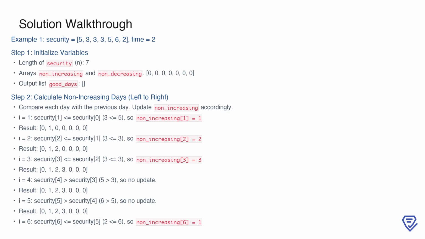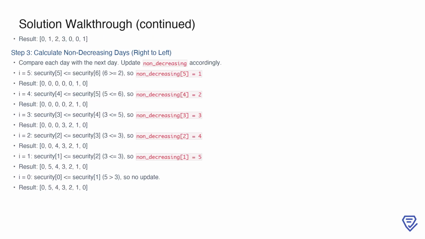The process continues, and we only update the array when the condition holds. By the end of this step, the non-increasing array is partially updated, showing the number of consecutive non-increasing days up to each index. After finishing the calculation for non-increasing, the final array is 0, 1, 2, 3, 0, 0, 1.